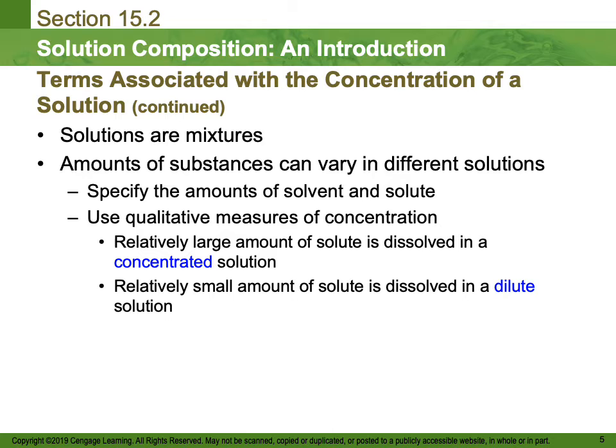If you add a lot, then the solution would be concentrated and the taste would be strong. If you add less, then the solution will be dilute and it will taste kind of weak. And when we talk about strong coffee and weak coffee, it's the same kind of thing. Something that's watery just means that it's dilute. It doesn't have a lot of dissolved solute.